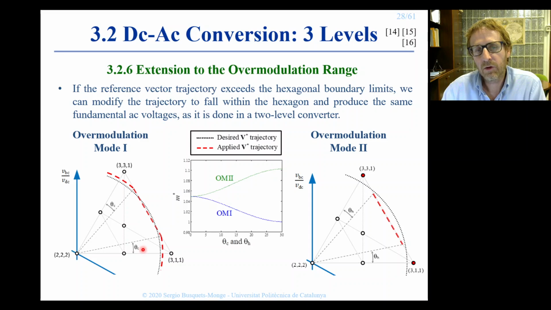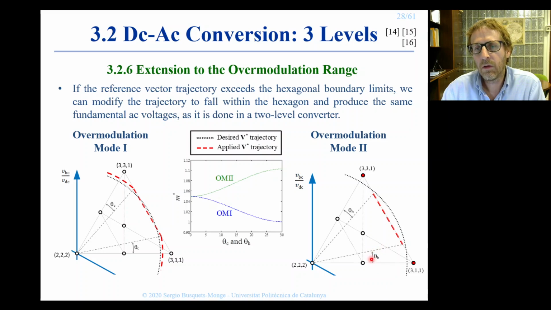When we reach a crossover angle of 0, if we want to increase the amplitude of the output voltages, we must move to overmodulation mode 2, where we keep the converter switching state of the vertex of the hexagon for some holding angle, and after that we follow again the hexagonal boundary.